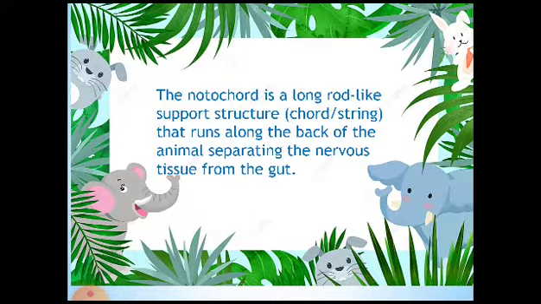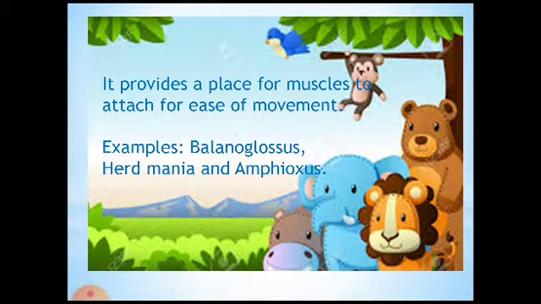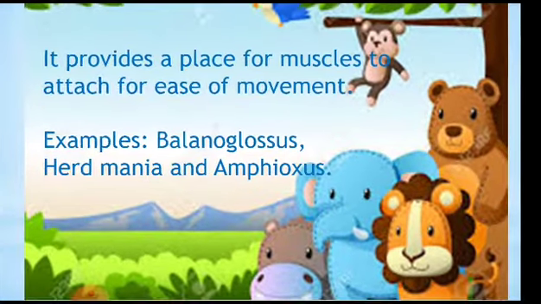The notochord is a long rod-like support structure, a cord that runs along the back of the animal, separating the nervous tissue from the gut. So you can see a rod-like structure at its back. What does it do? It provides a place for muscles to attach for ease of movement.